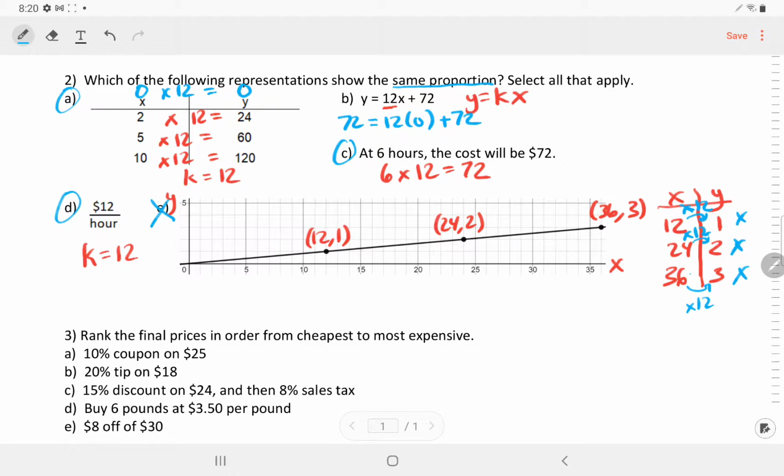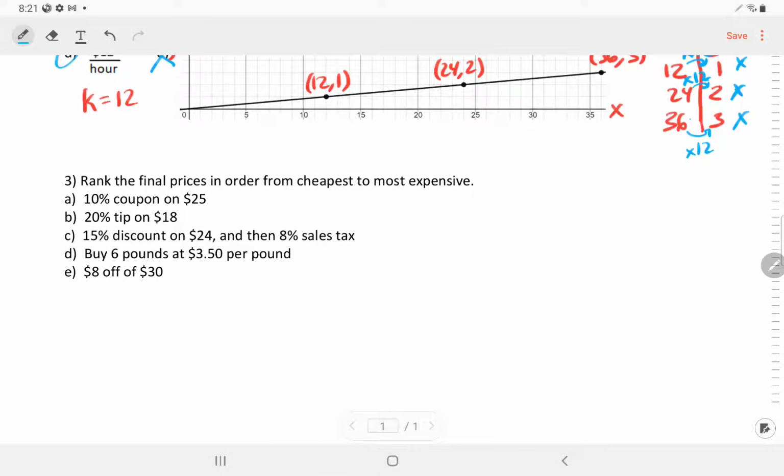As a reminder, whenever we're looking for a proportion, it must be at the origin. And when we plug in x as 0, we get y is 72. Therefore, B is not an answer choice because it does not go through the origin 0, 0. So final answers for number 2, A, C, and D are all the same proportion.